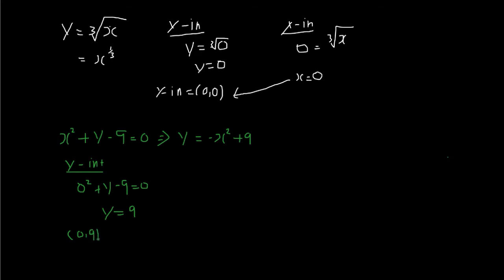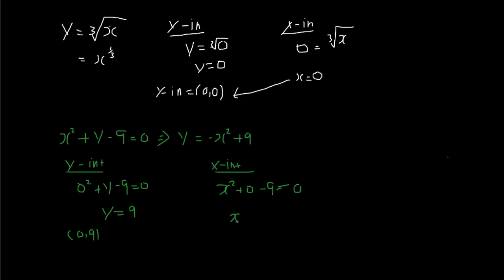Now similarly, we can find the x-intercept. So we plug y equals 0 now. x to power 2 plus 0 minus 9 equal 0.